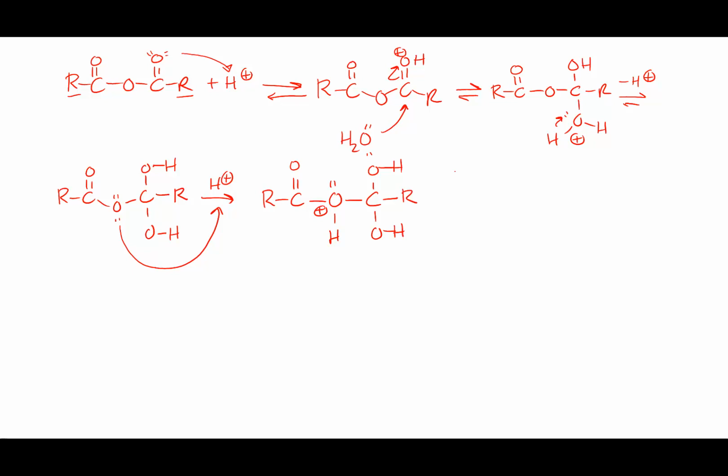And now what's going to happen is we're going to have this pair of electrons from either of the OH groups come down there, and then we're going to lose the carboxylic acid part, so that we would end up forming the carboxylic acid, and the other molecule would then be a carboxylic acid as well, and we would lose H plus in that process to regenerate the catalyst.